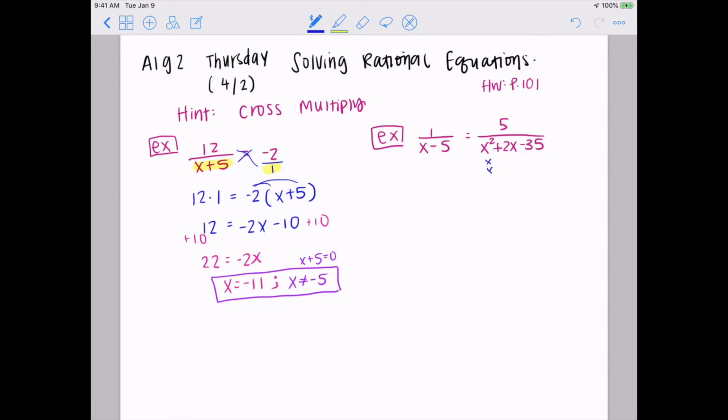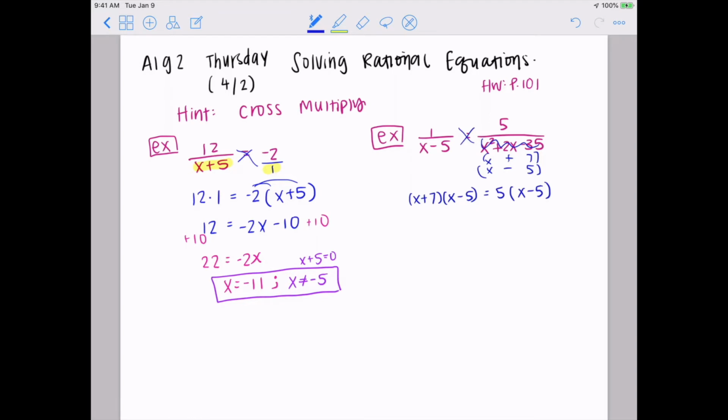Make it x and x, 7 and 5, positive and negative. Okay, so when I cross multiply, I get x plus 7 times x minus 5. The other side would be 5 times x minus 5.